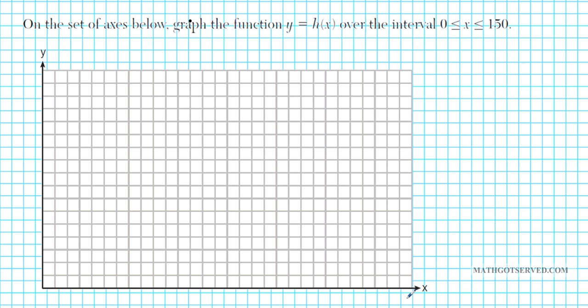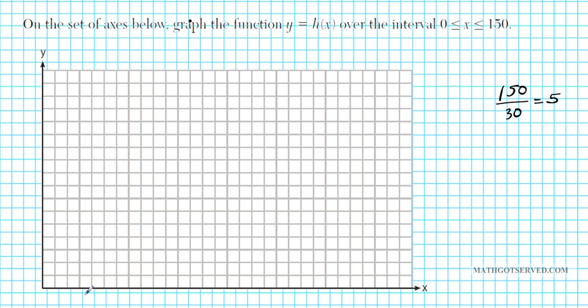So if there are a total of 30 tick marks, and you have 150 in all, what is 150 divided by 30? If you divide it, you end up with 5. So we can scale it by 5.